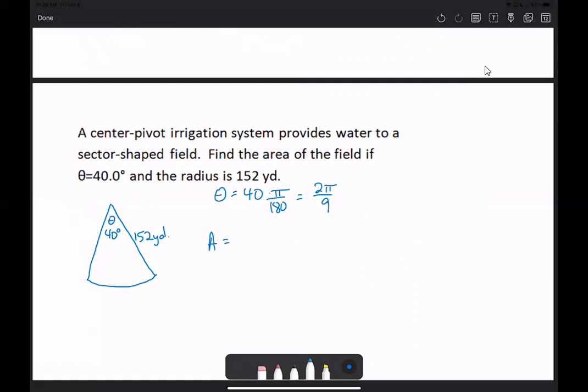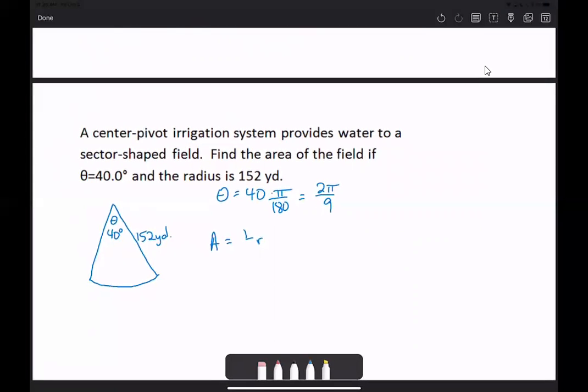Let's plug into our formula. Remember, the formula is 1/2 r squared theta, where theta is in radians.